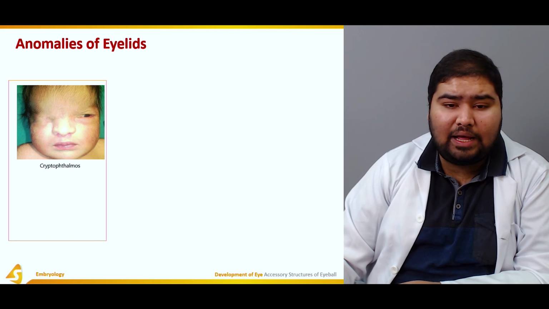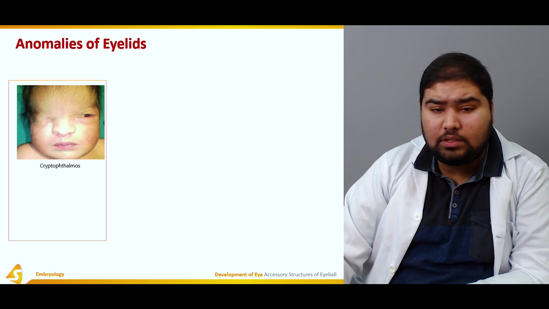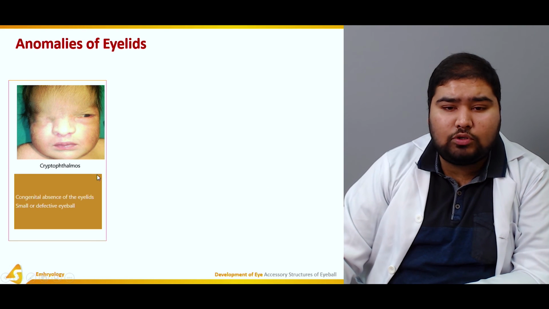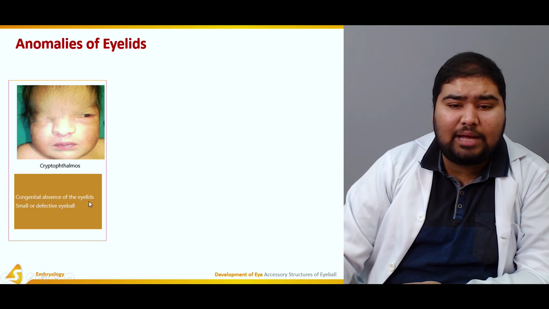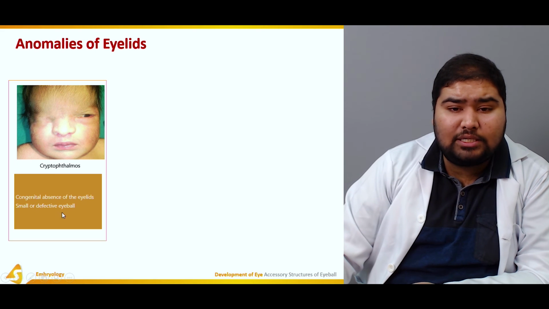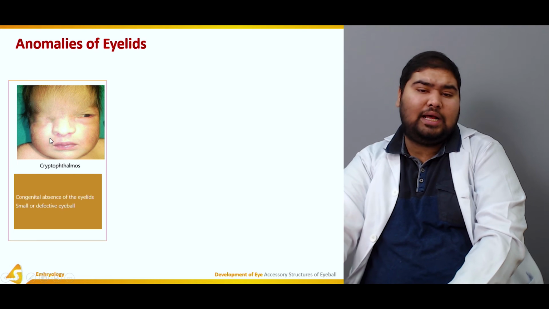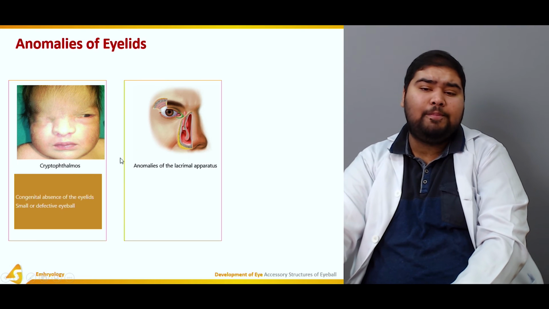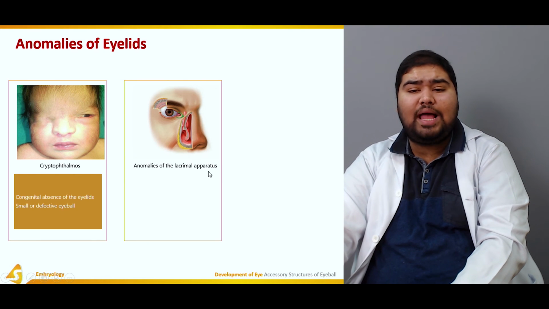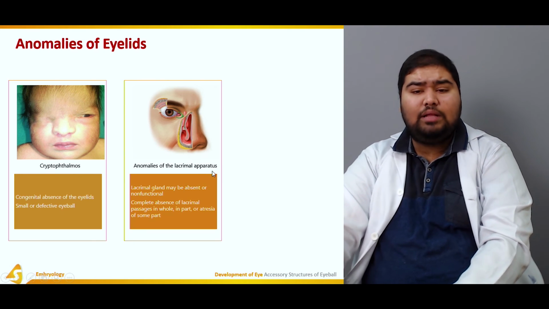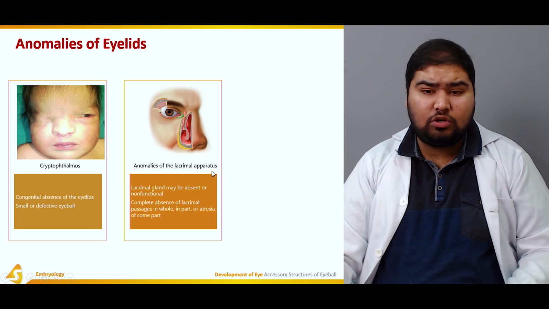Now we can have cryptophthalmos. In cryptophthalmos, there's congenital absence of eyelids and there are small or defective eyeballs. Here you can see there's congenital absence of the eyelid and hence the lack of eye. There can be anomalies of the lacrimal apparatus now. The lacrimal gland may be absent or non-functional.